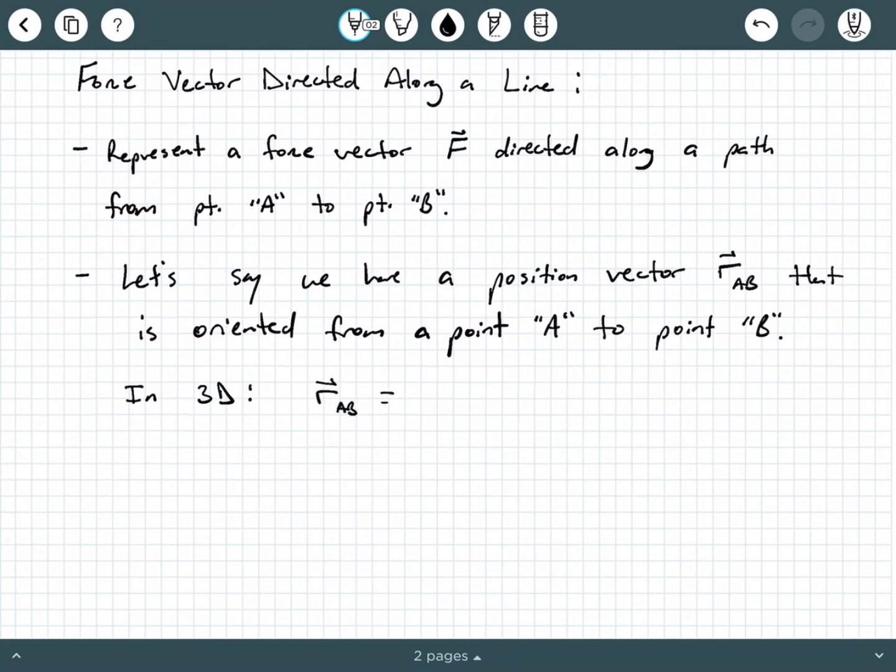We'd have RAB equals (XB minus XA) i plus (YB minus YA) j plus (ZB minus ZA) k.